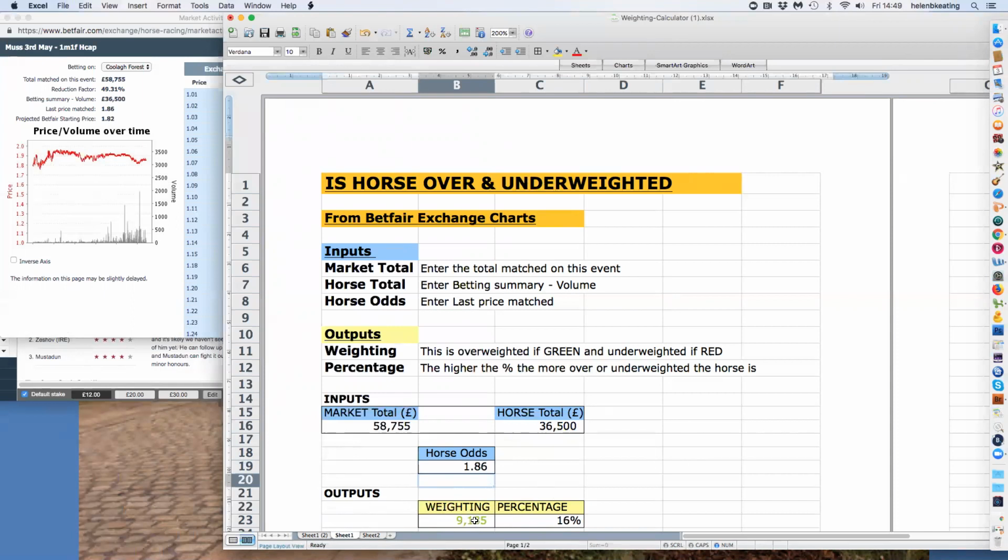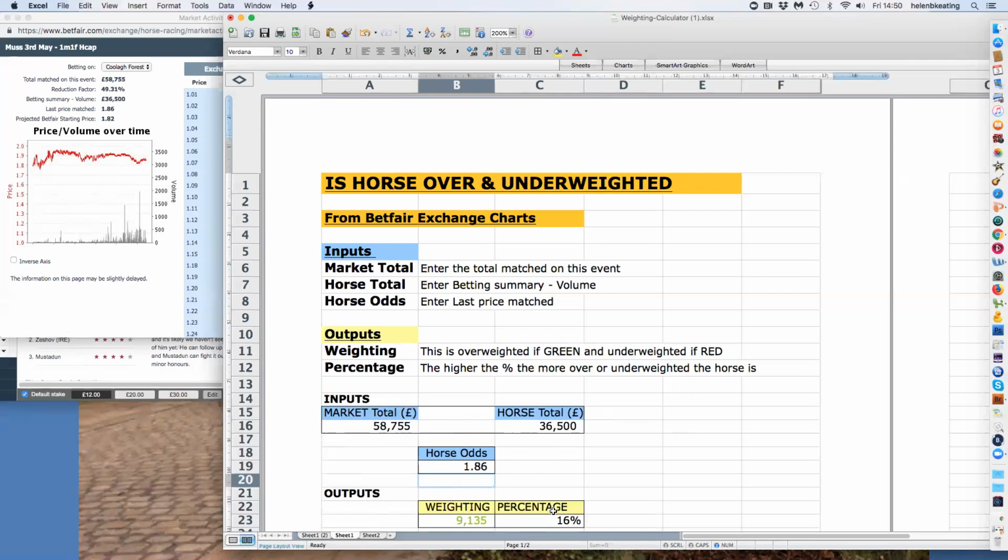That's what it means. Red is underweighted, so overweighted is green, and red is underweighted. So it is overweighted by 9,135 pounds. That number should be 9,135 pounds less, and that percentage is 16%, which is quite high.